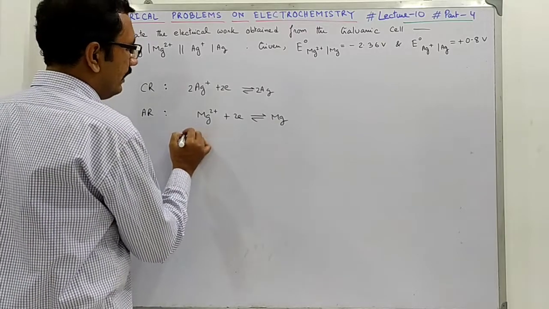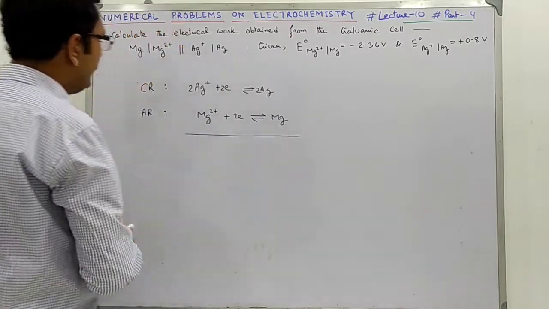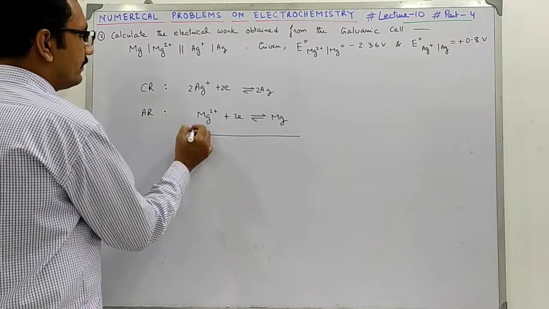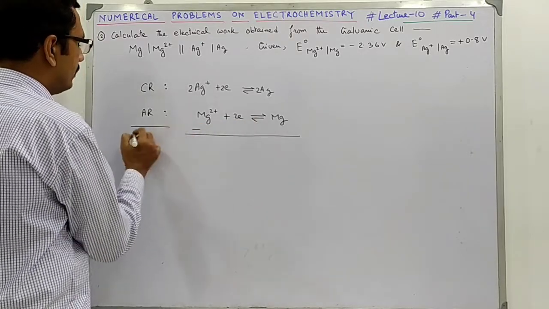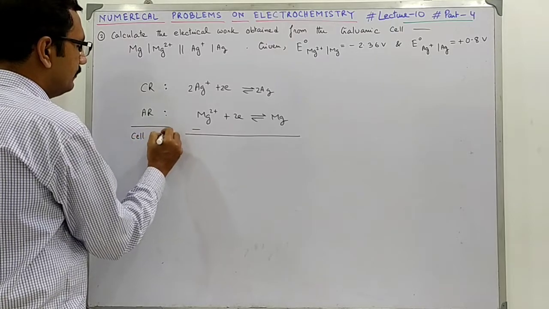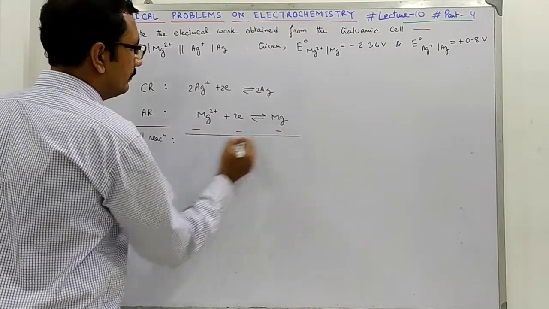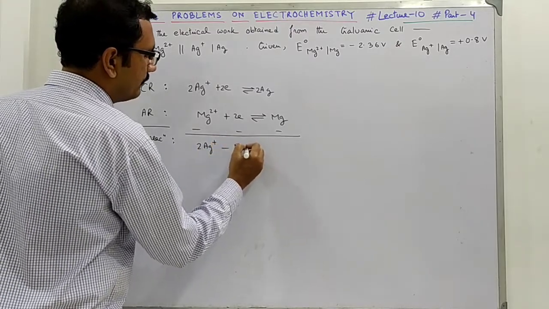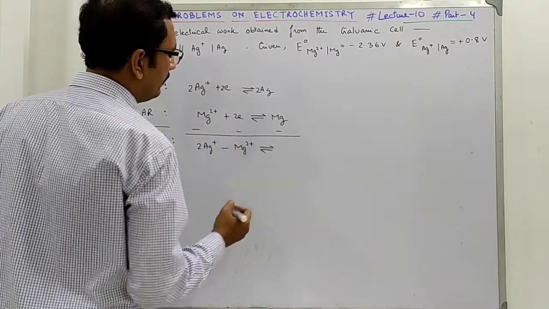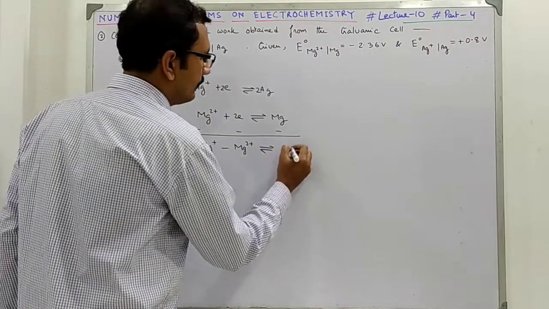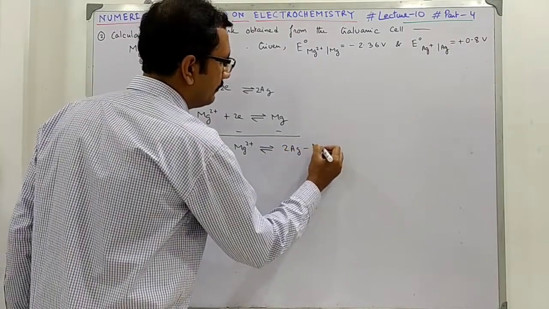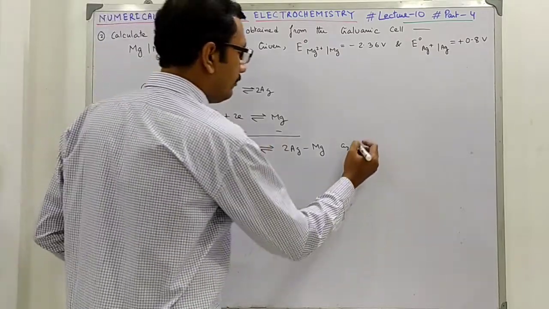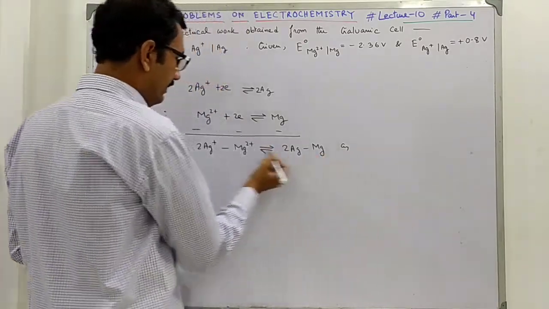Now, actually in anode oxidation is occurring, but we are writing it in reduction form. So, we have to subtract anode from cathode. So, it will give us the cell reaction, and it will look like 2 Ag plus minus Mg2 plus reversible 2 Ag minus Mg, or rearranging the sides, this Mg will come to the left hand side.